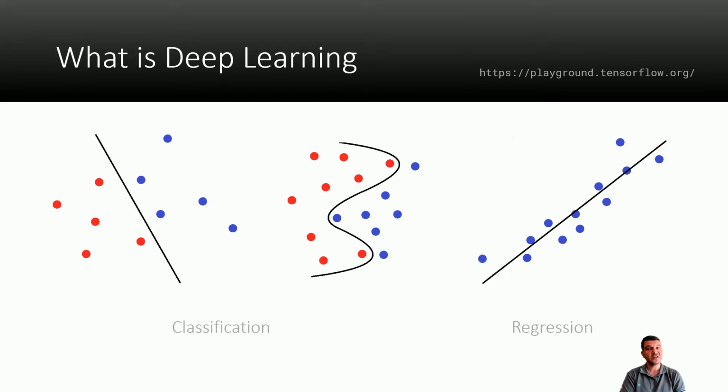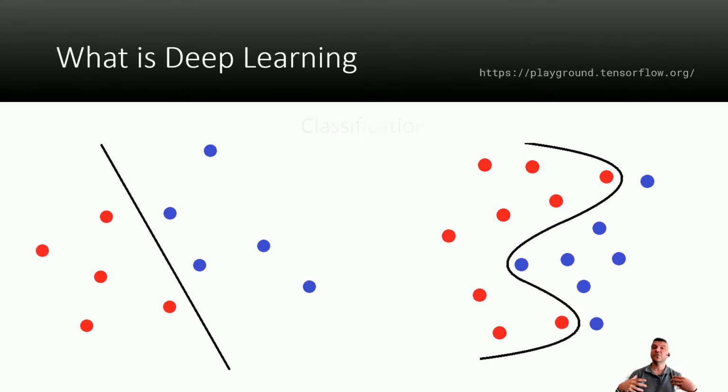The first tries to find the best line that separates our data based on their labels, and the second tries to go through those data. All right? But in this video, as we said, we will focus on classification. So forget regression for a moment and focus on classification alone.